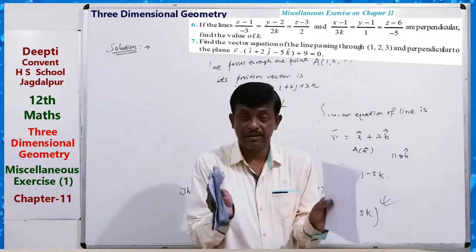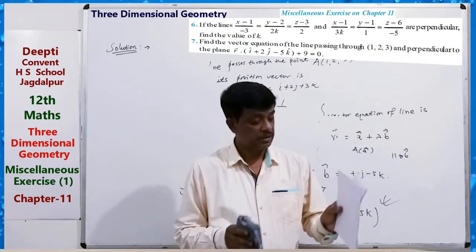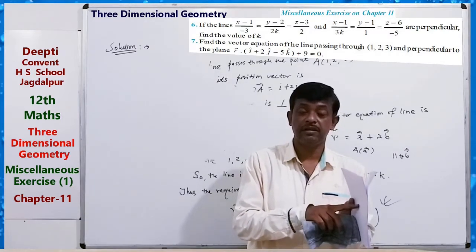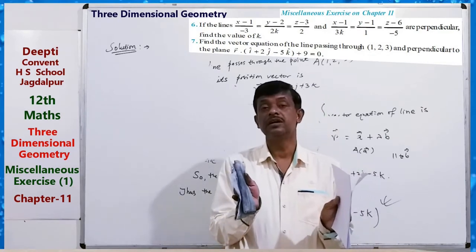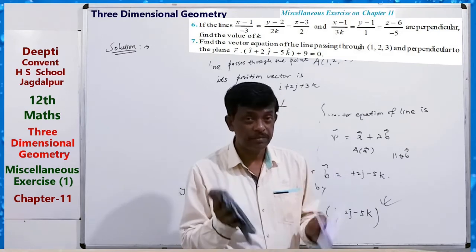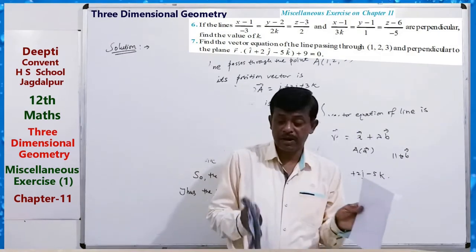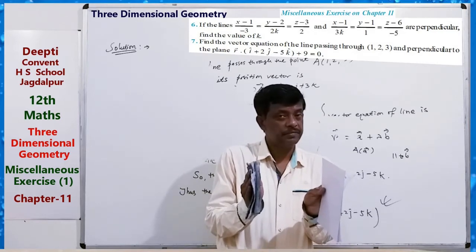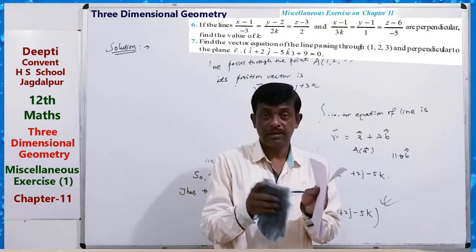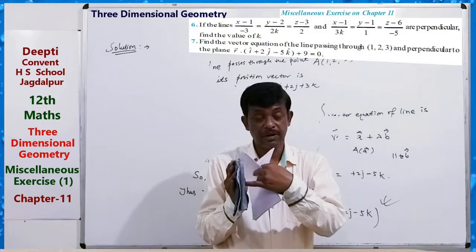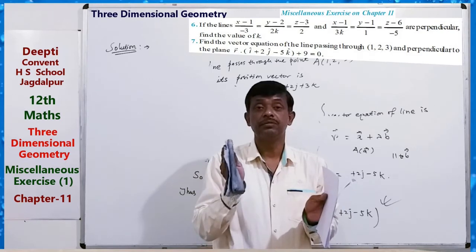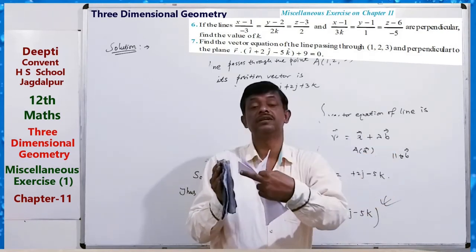Plane parallel to the plane means that the normal to the required plane is perpendicular to the given plane, because the plane is parallel to it. Clear? Also, the normal to the required plane is parallel to the normal to the given plane.